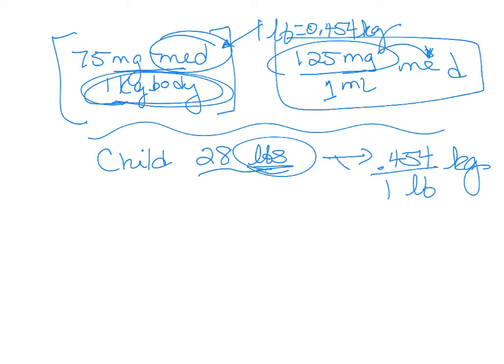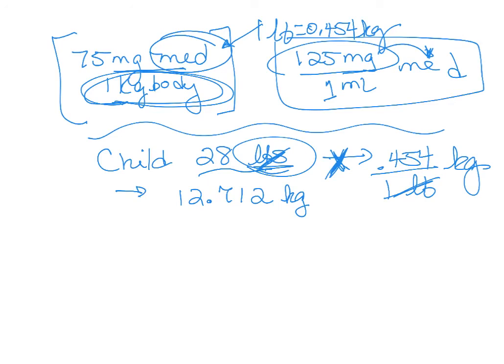Change the arrow to a multiplication sign. Pounds cancel. So 28 times 0.454 is, I'm not going to worry about sig figs until the end of this calculation, 12.712 kilograms.